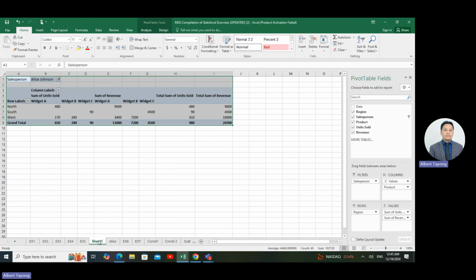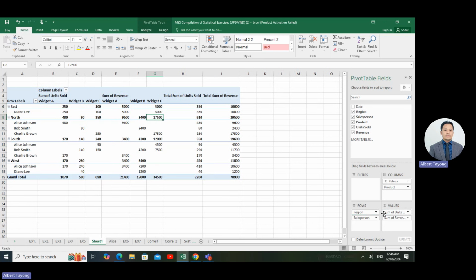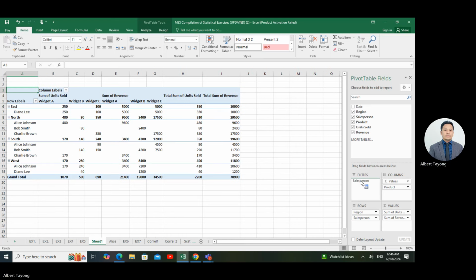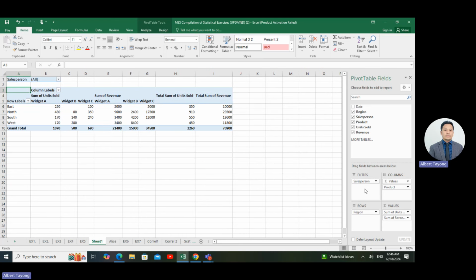Sheet 1 is the answer of question 1. But we have to return this to the regional data. So this salesperson, we have to move this one back under the rows. Okay, so please don't forget this. We moved this one temporarily under the filter section for us to filter here.